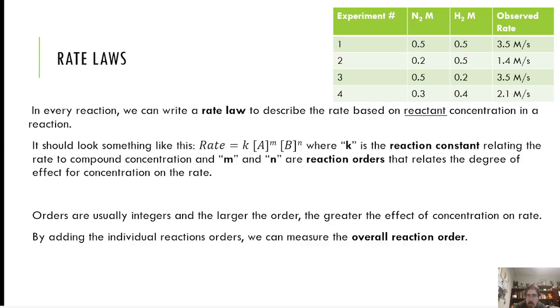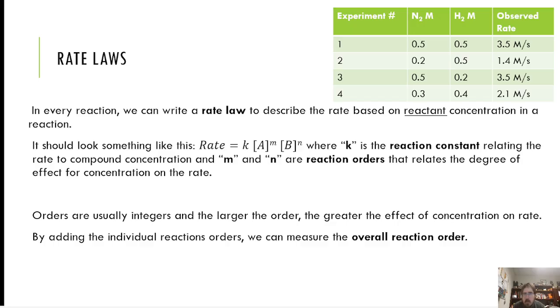So looking at some experimental data right here. In the reaction of N2 plus H2 goes to ammonia, the chemical reaction would be a ratio of 1 to 3. One molecule of nitrogen reacts with 3 molecules of hydrogen to form 2 ammonia molecules.